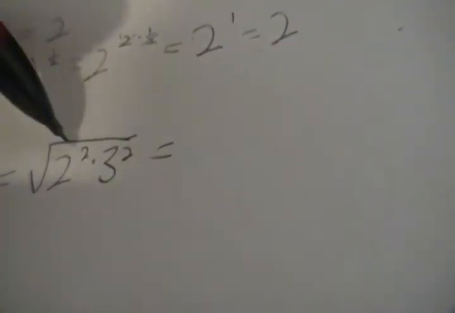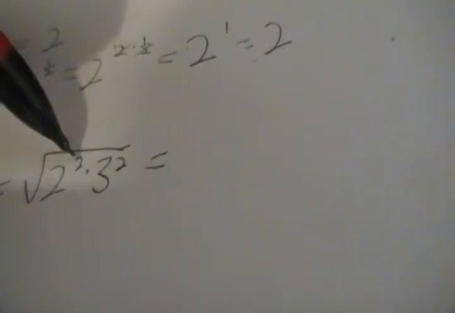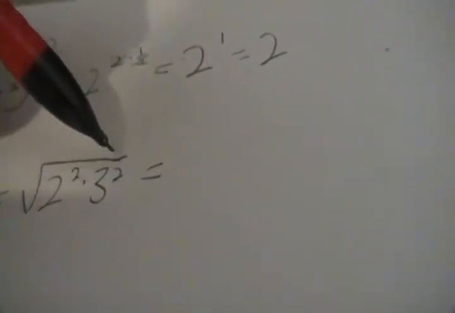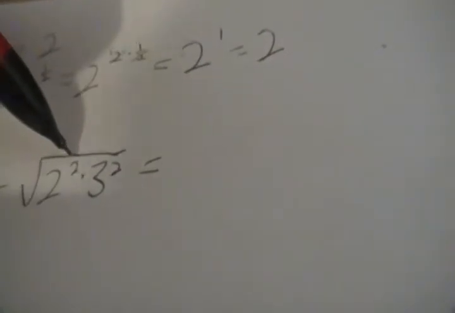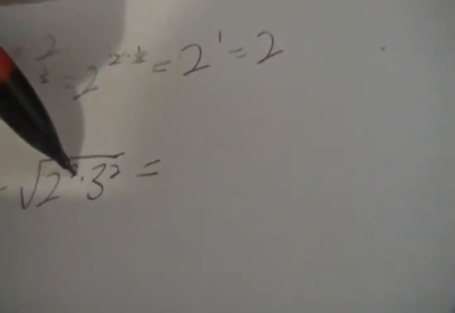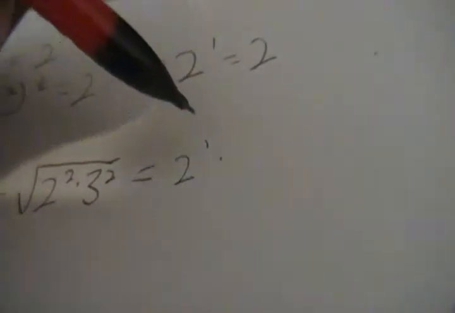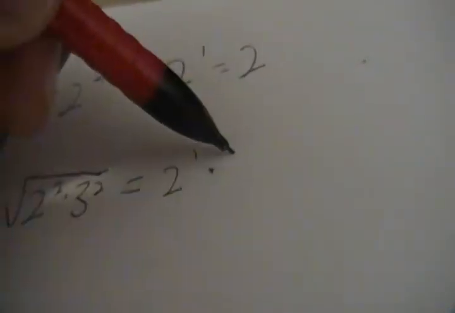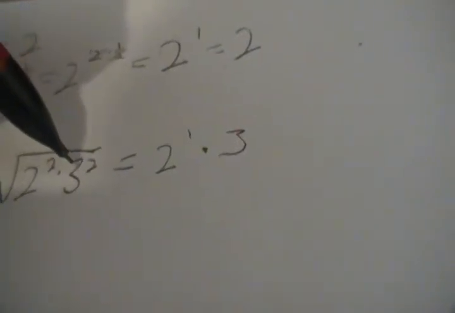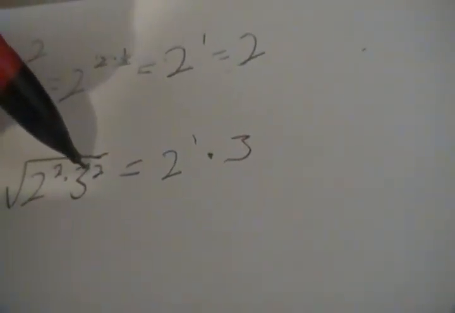Alright, so now what we can do is divide each of these exponents by 2. So what's 2 divided by 2? We get 2 to the 1 power, times 3 squared.